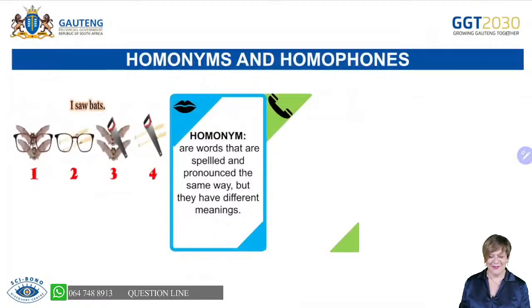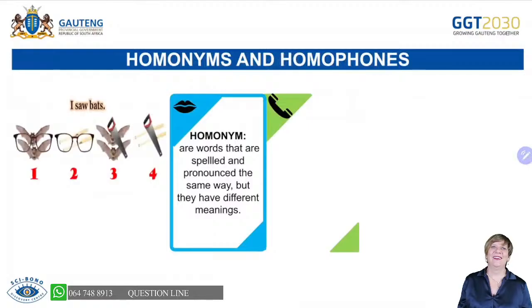So you saw bats, or number 4, you saw bats. Can you see how a misunderstanding can happen so quickly with homonyms? Because we would say something, pronounce it the same way, it's spelled the same way, but the meaning is completely different. Isn't this a cool exercise to do?